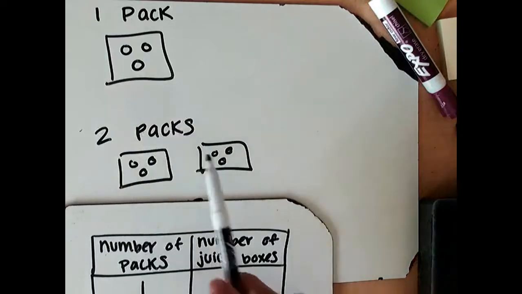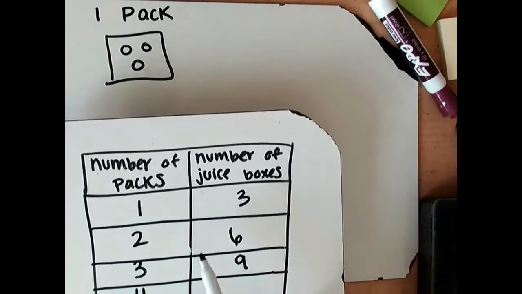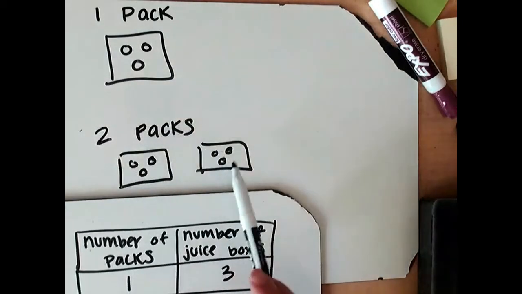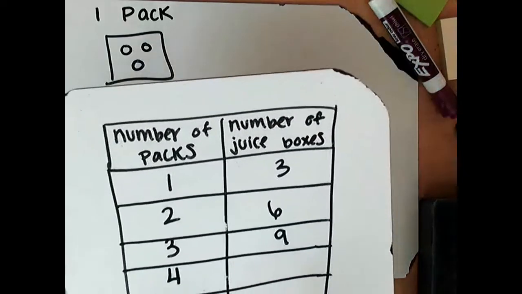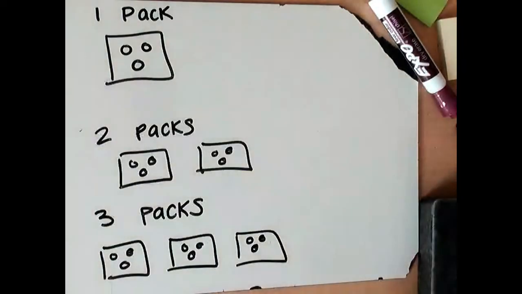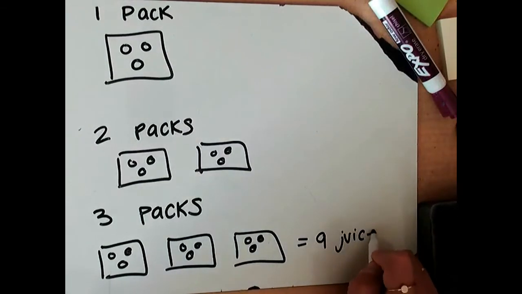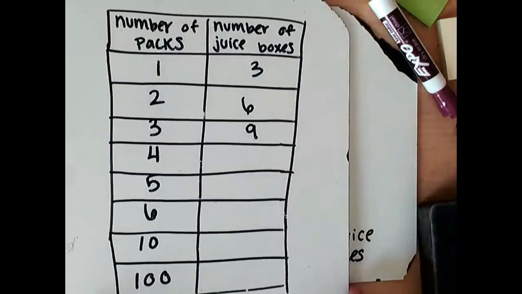I have 1, 2, and I have 3 juice boxes in each box, giving me a total of 6 juice boxes. I have 1, 2, 3, 4, 5, 6. If I have 3 packs, I would have 1, 2, 3, 4, 5, 6, 7, 8, 9 juice boxes total. 9 juice boxes.